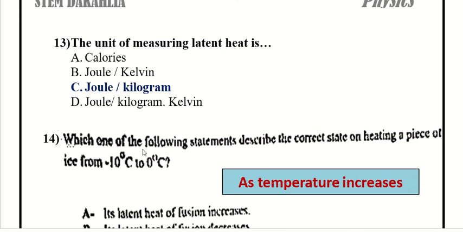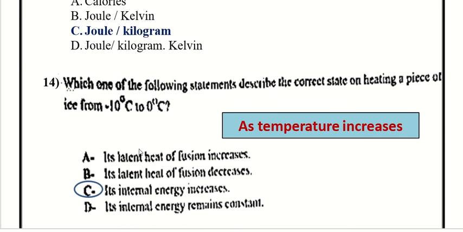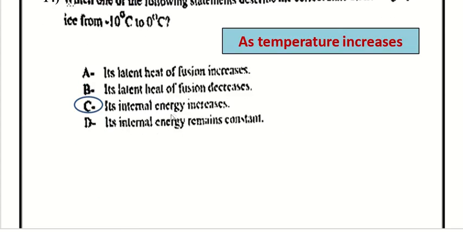Question number 14. Which one of the following statements describes the correct state on heating a piece of ice from negative 10 degrees Celsius to 0 degrees Celsius? There is an increase in the temperature, so the internal energy increases.